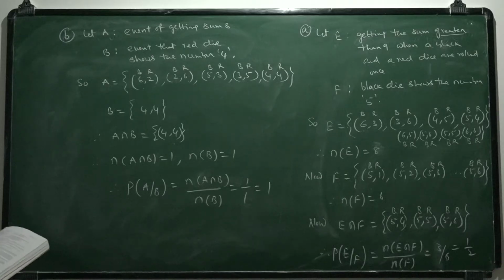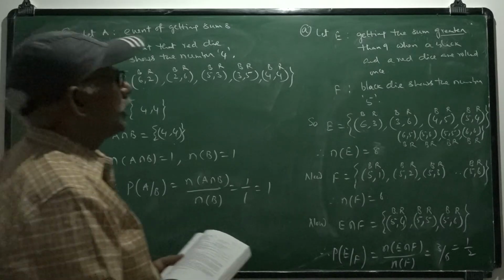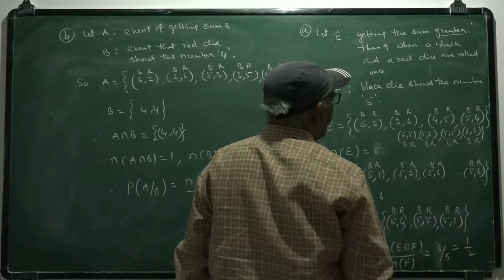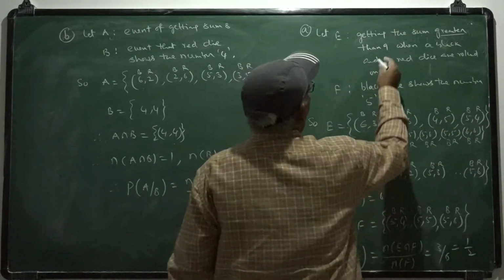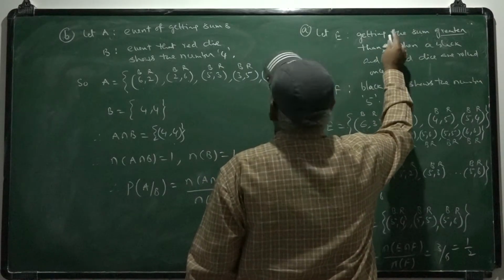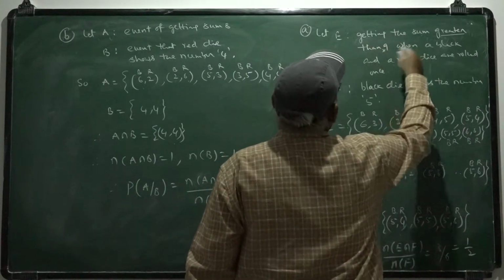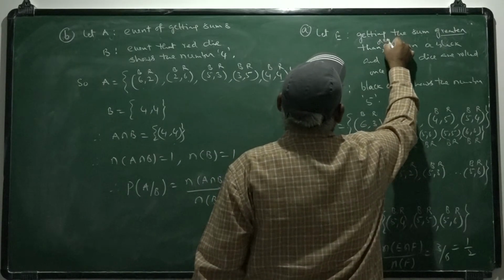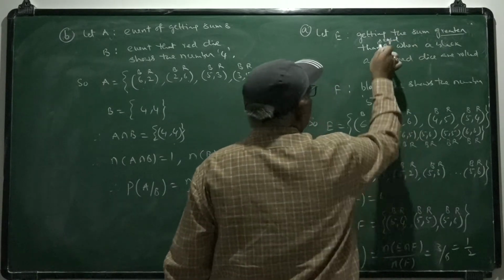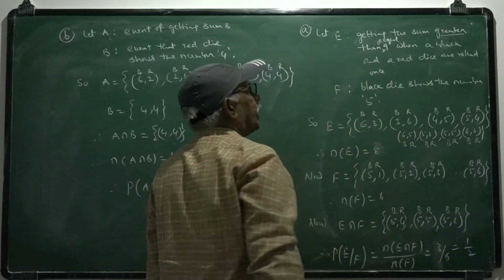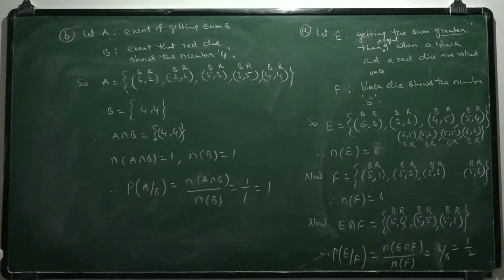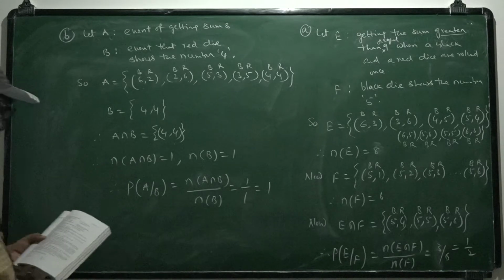In the previous one, it is greater than 9. Greater than 9 means you should not take 9. Take this in the problem also: getting the sum greater than or equal to. You change the problem also.